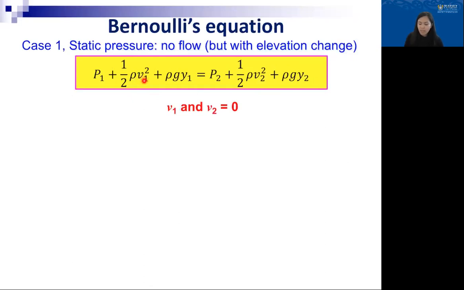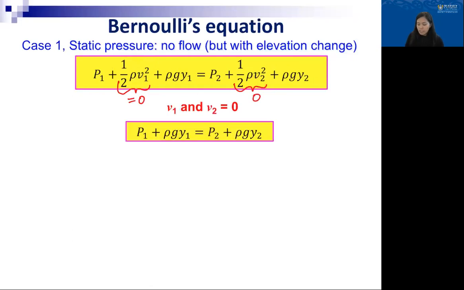So this term disappears, since anything you multiply with 0 is equal to 0, and the term with V2 also disappears. Bernoulli's equation simplifies to P1 plus rho g y1 equals P2 plus rho g y2.